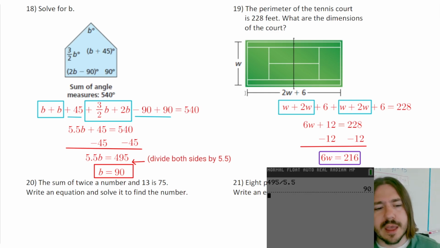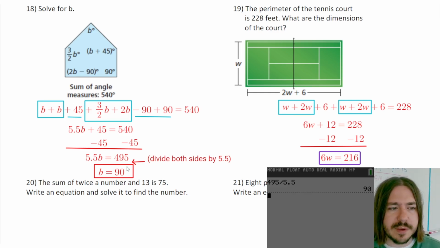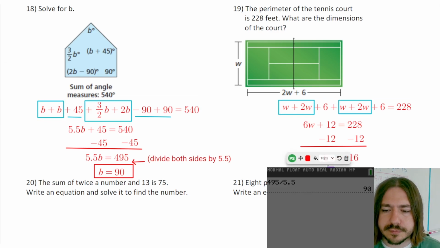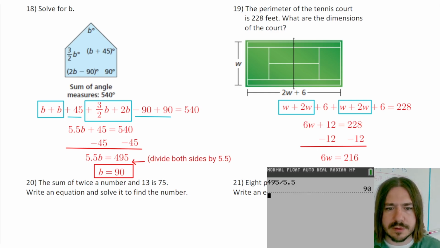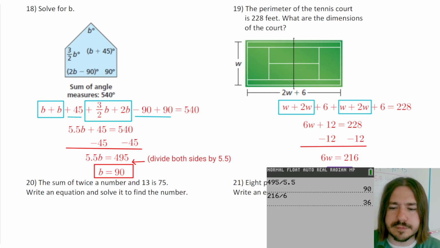Yeah, I think that's right. And then here I'm going to divide both sides by 6. Probably get away without using a calculator on this one, but just to be on the safe side, I'm going to go ahead and type in 216 divided by 6, which is going to be 36. And there's number 19.